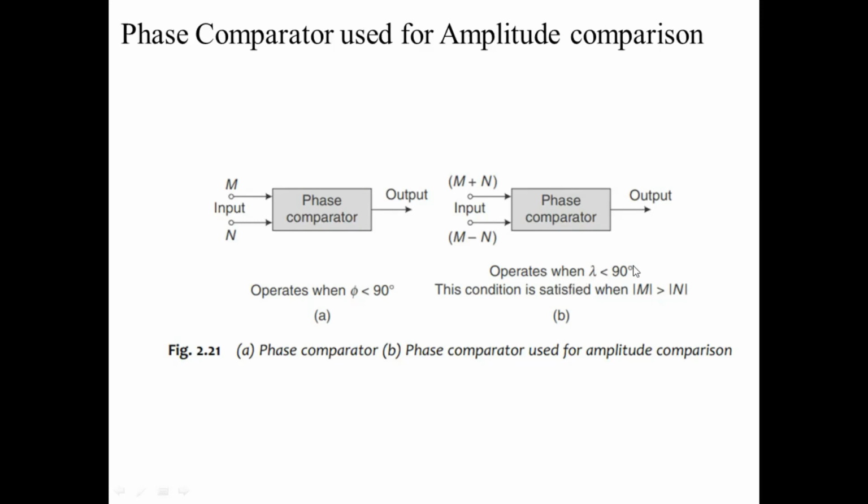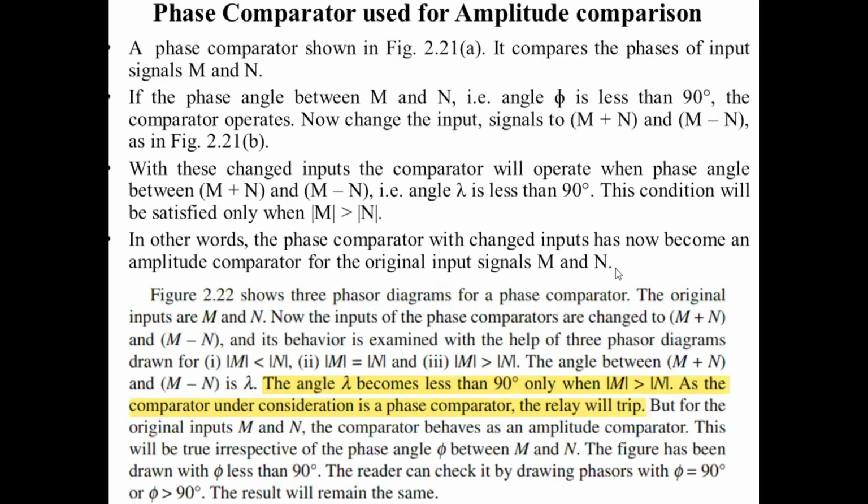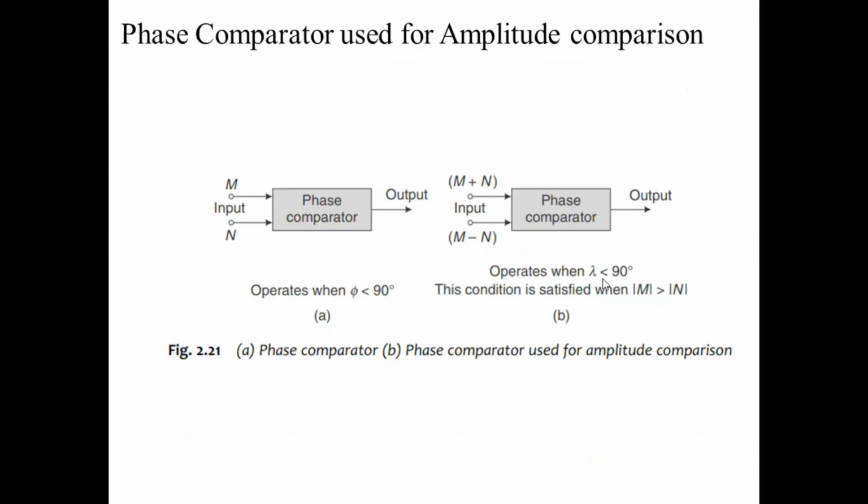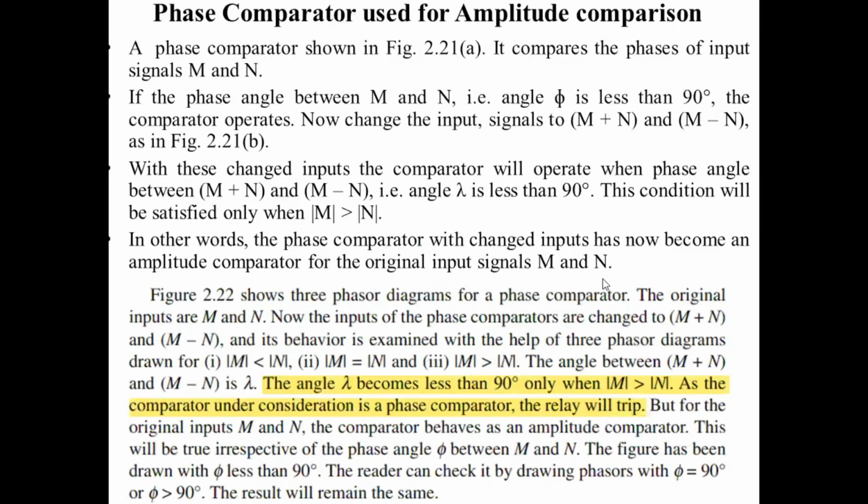In the previous case, an amplitude comparator used for phase comparison, the relay condition is M plus N greater than M minus N, but phi is less than 90 degrees. In this case, only the letter is different, that is lambda is less than 90 degrees. Okay, so we also have to discuss this from the phasor diagram.